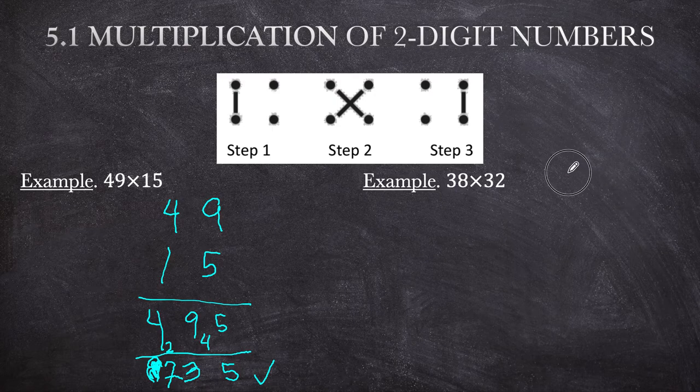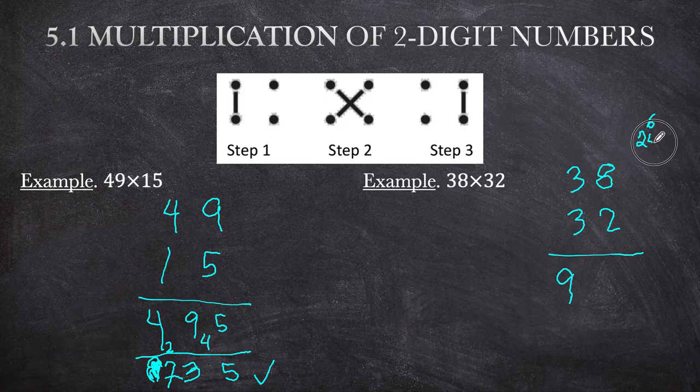Here we have 38 times 32. What do we have? 3 times 3 is 9. Crosswise method, 3 times 2 is 6, and then plus 8 times 3 is going to give us 24. So 24 plus 6 is going to give us 30.